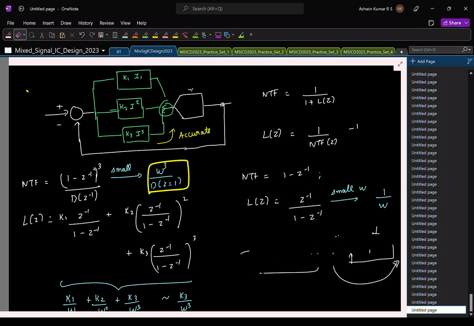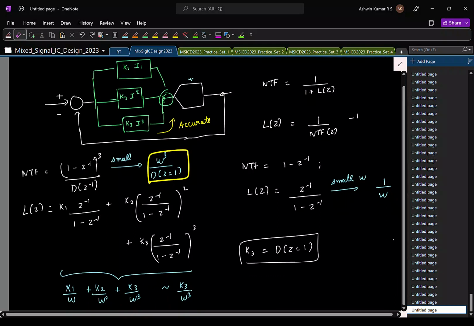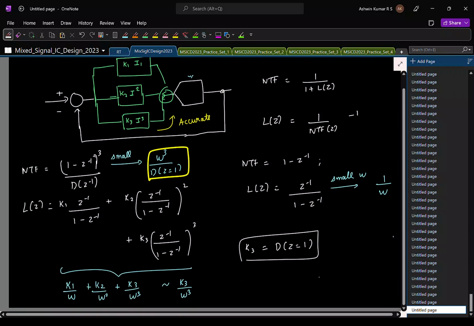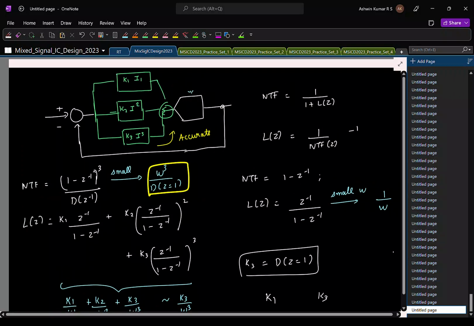We will not erase this. So you know the value of K3 here. Can you comment on K3? Can you tell me if K1 will be smaller than K3, greater than K3, or equal to K3? From this understanding, you know that this K3 path is going to have a long delay.